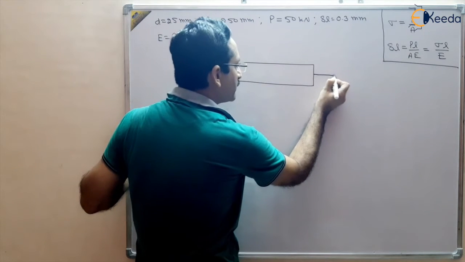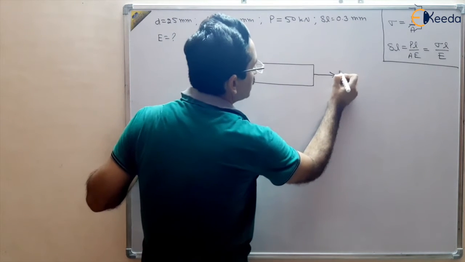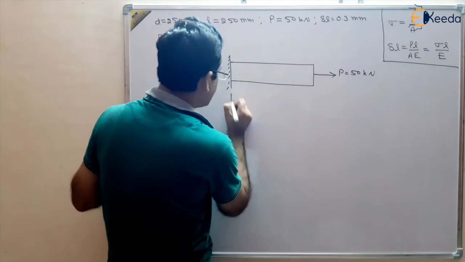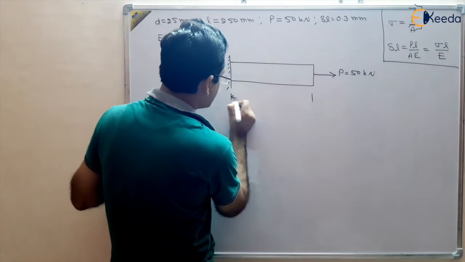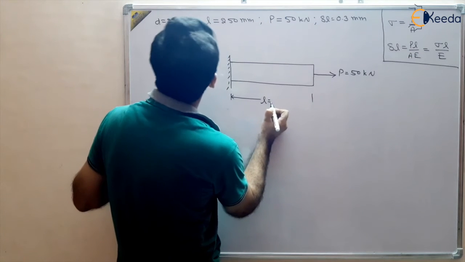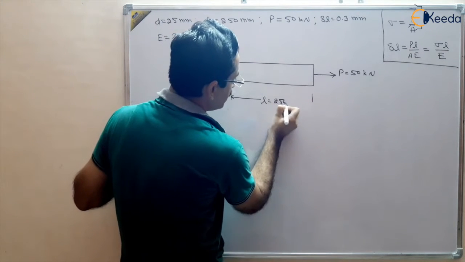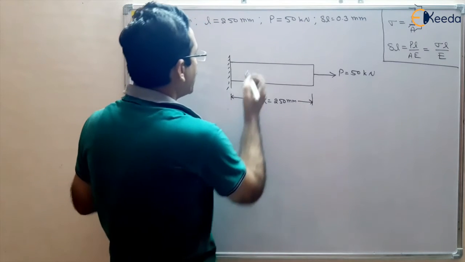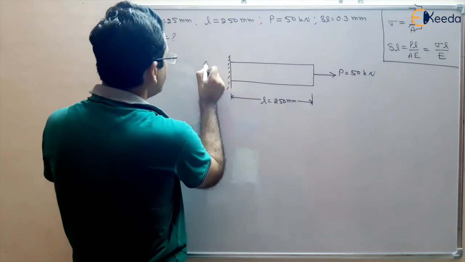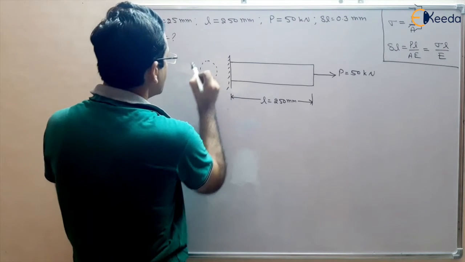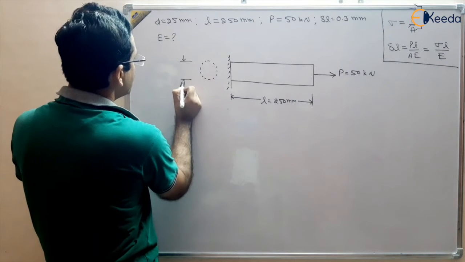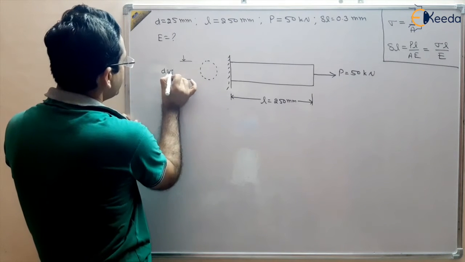and a force of 50 kN is applied, and it has length 250 mm, and the diameter is also given. This is a circular rod and the diameter is given as 25 mm.